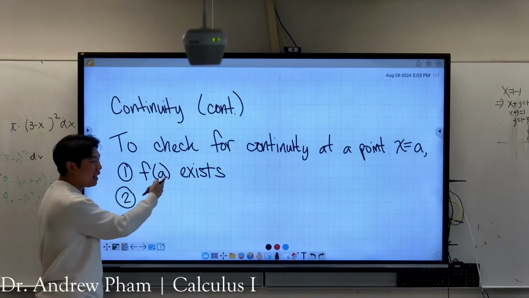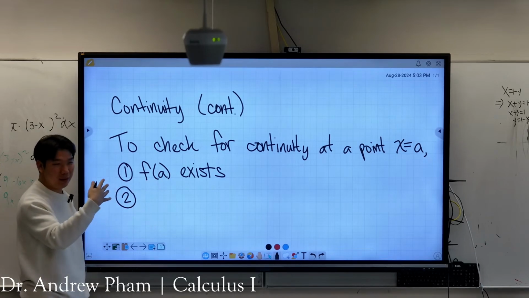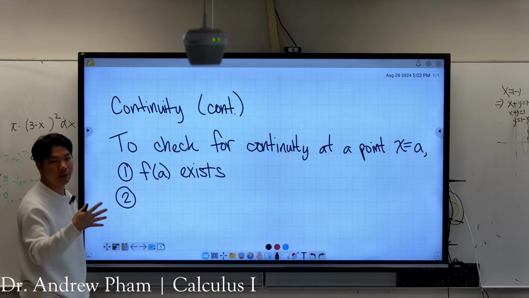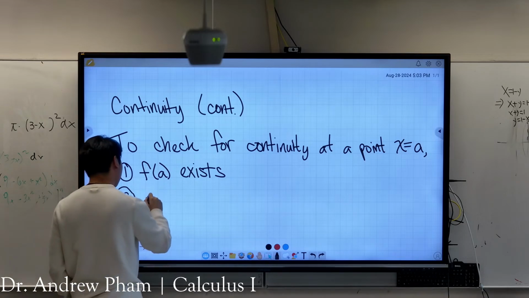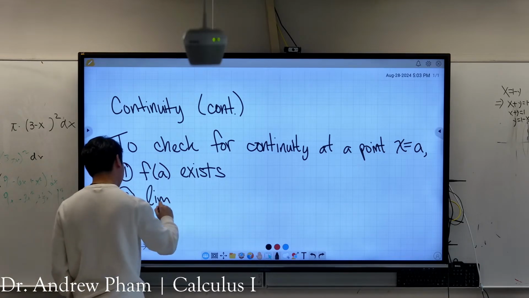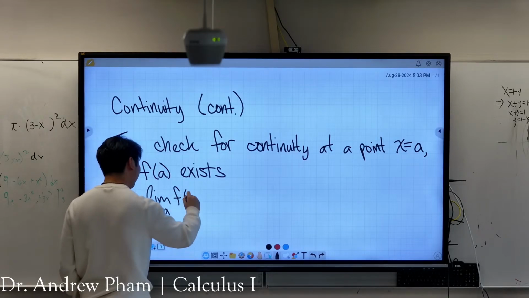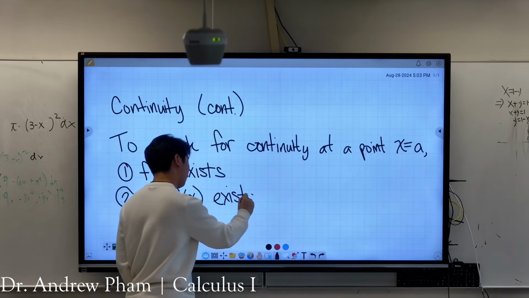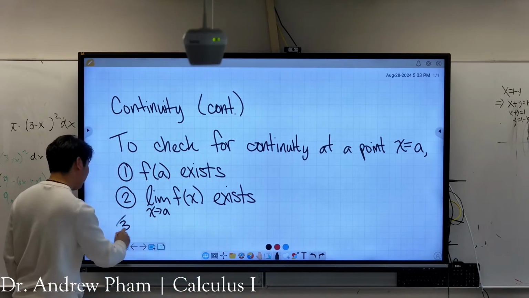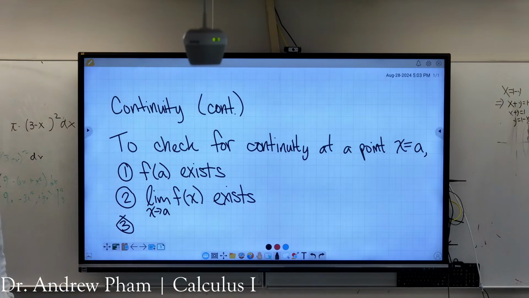I might use the word f of a is defined, but exists being defined, for our class and purposes, we're kind of using them interchangeably. So the limit as x approaches a of my function also exists. And then condition number three, what was the third condition?